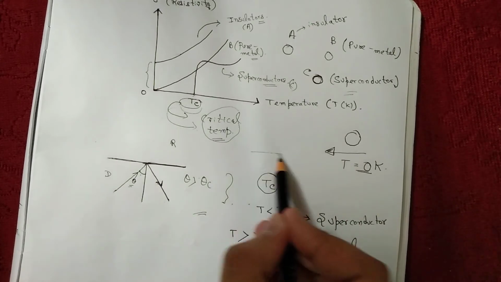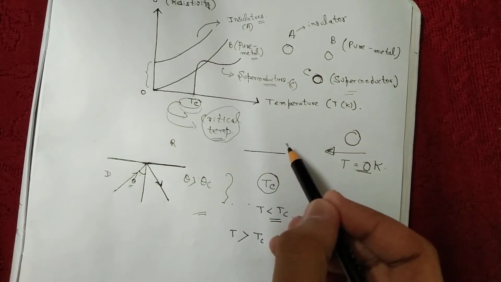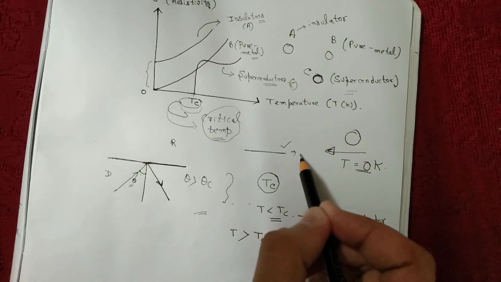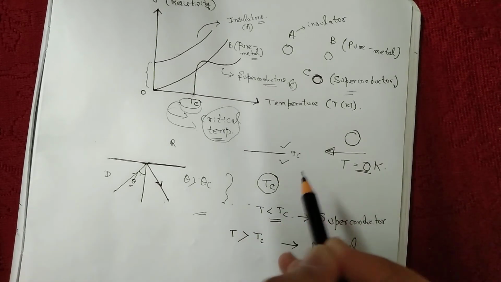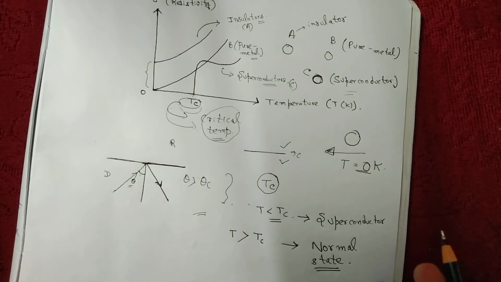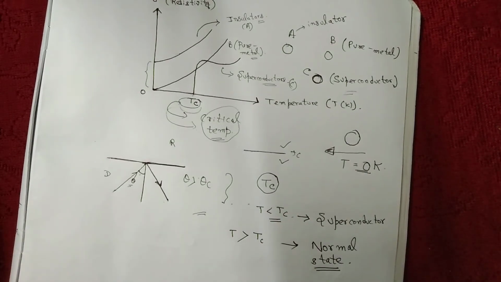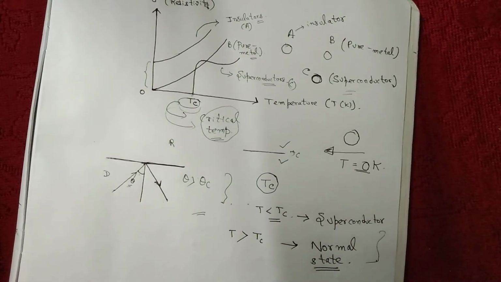It's just the interface between the two temperatures, normal state and superconducting state. So this is all about superconductor. The property is superconductivity, and the temperature is critical temperature.